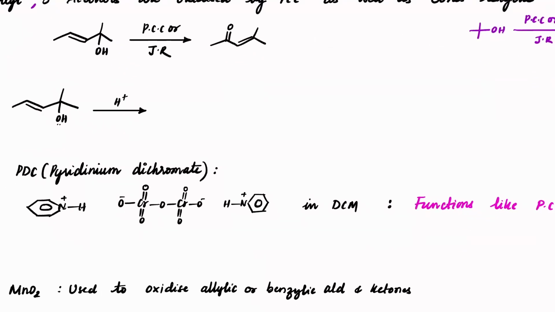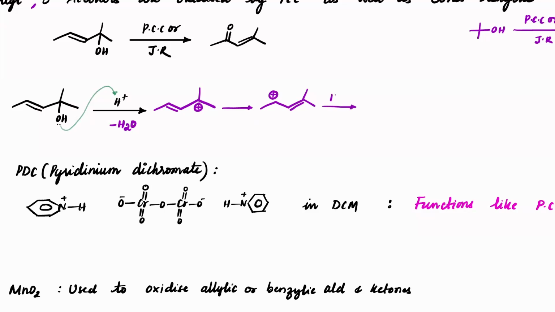Now how does it happen? First, the lone pair from this OH will take H plus. That creates this double bond and makes the positive charge here, because water will go out of it. This positive charge will undergo resonance stabilization here. So we'll get positive charge here.